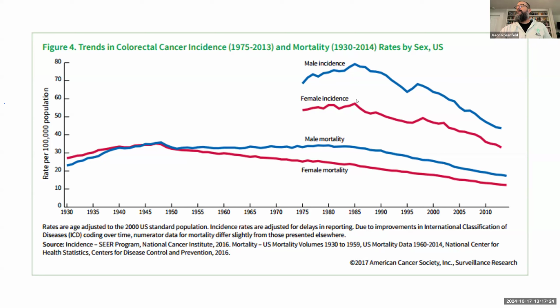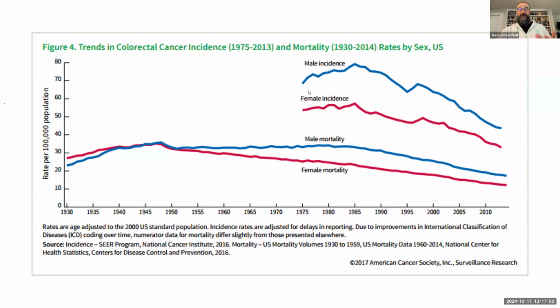Exactly, because look, right? So here's where you begin to see the dip in incidence. It's the same way that you see mortality is kind of holding steady. 10 years later, you begin to see mortality drop. And that is because we're getting earlier screening. People are getting their diagnosis earlier. And we know with cancer, the sooner you get a diagnosis, the more likelihood of having a successful cancer treatment, right?